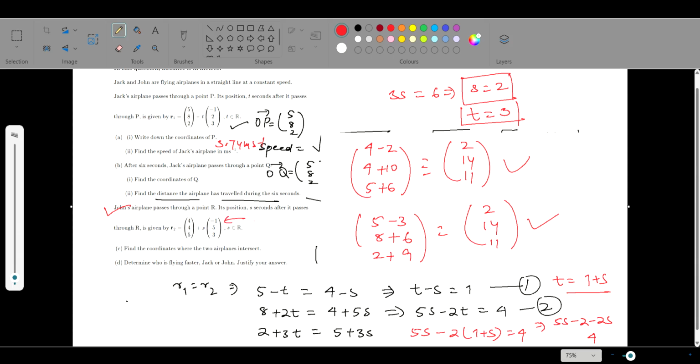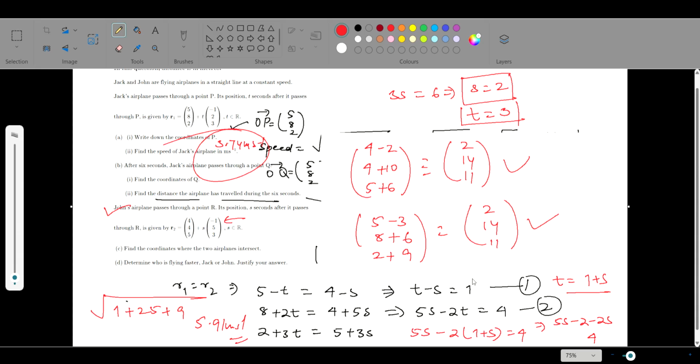So John's velocity is minus 1, 5, and 3. To get the speed, I'll take the square root of minus 1 squared, 5 squared, 3 squared. So it will be root under 35, 5.91. Yeah, it is higher as compared to this one.